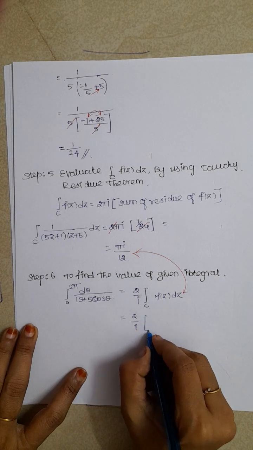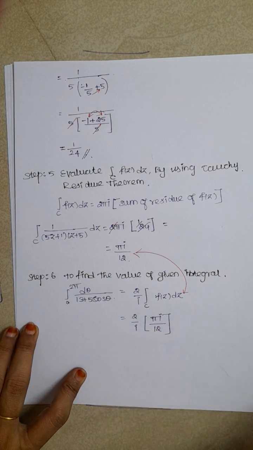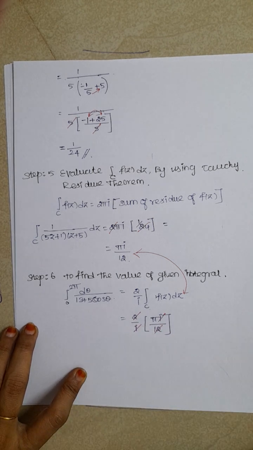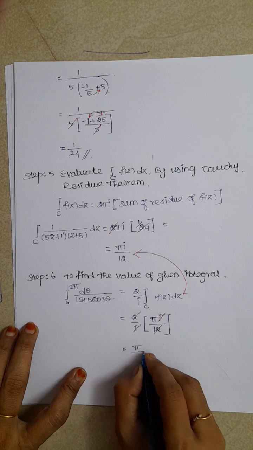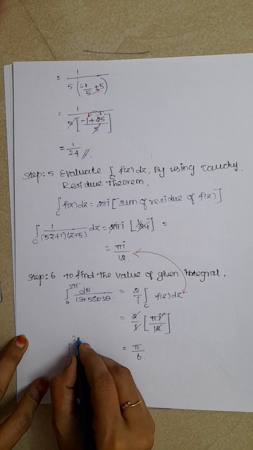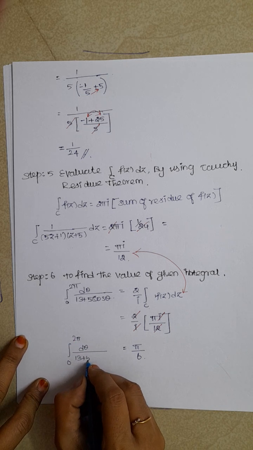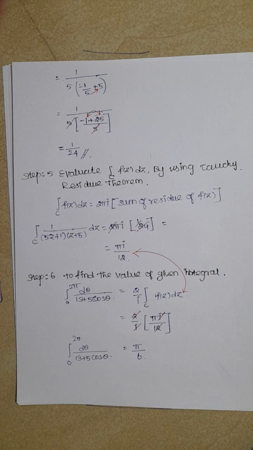So substitute here pi i by 12. The i gets cancelled, and 2 and 12 get cancelled. We get the value pi by 6. So the integral from 0 to 2 pi of d theta divided by 13 plus 5 cos theta is equal to pi by 6.